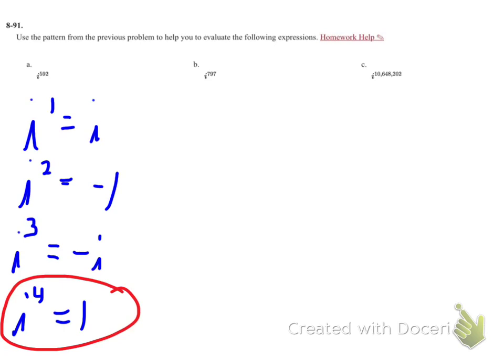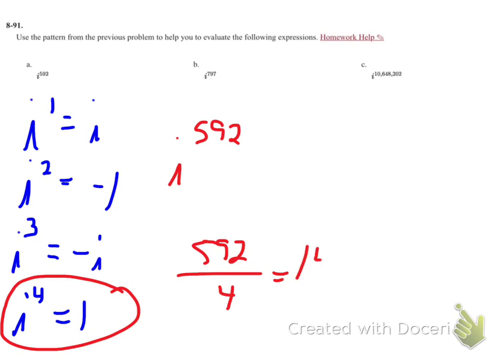So I want to figure out how many i to the fourths, which equal 1, I can get out of each of these. So for instance, i to the 592nd. Well, 592, if I divide that by 4, that ends up giving me 148.